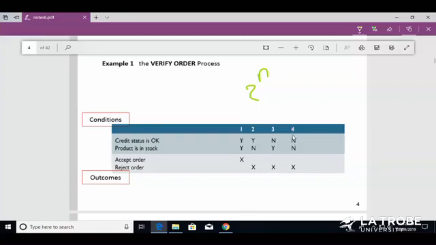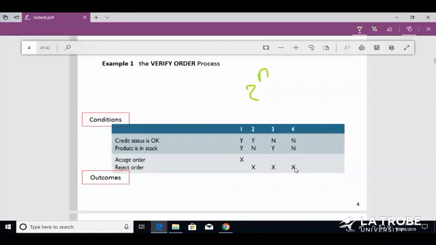Fourth rule: when both conditions are no, the credit status is not okay and the product is out of stock, the outcome is reject order.